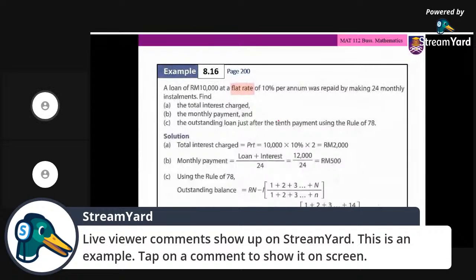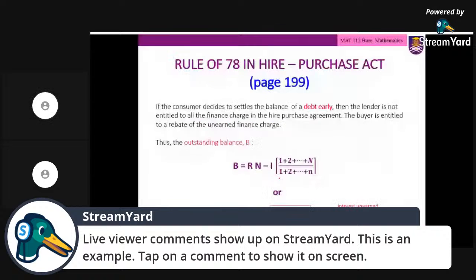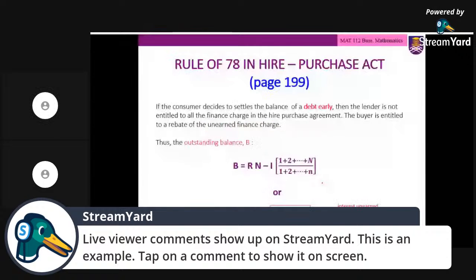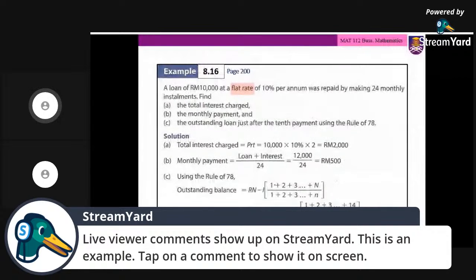If it says outstanding balance, you will be using this formula. If you have a textbook, the textbook will show you both formulas and how to use both. But for me, I prefer the second formula, which is this one. The first formula is a bit tedious because N is the number of payments left, yet to be settled.